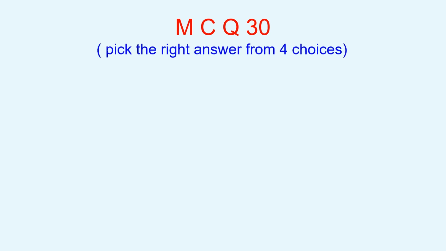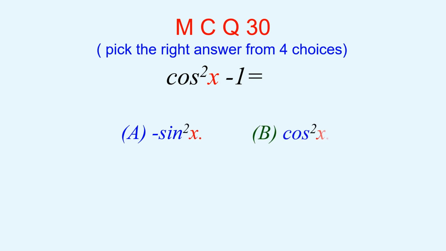MCQ number 30. What is cosine of x squared minus 1? A. Minus square of the sine of x. B. Square of the cosine of x. C. Square of the secant of x. D. Minus square of the cosecant of x.